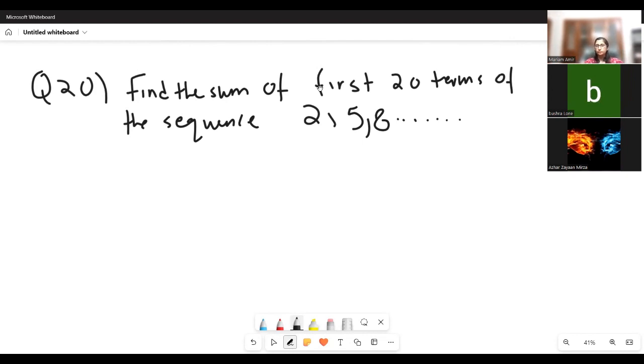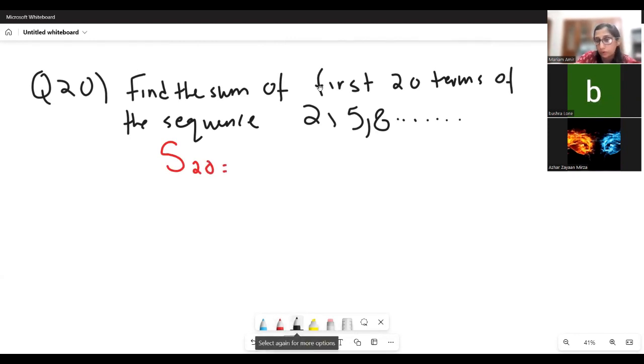What do we do here? Which formula will we use? Sum formula or Un, the nth term formula? We have to find the sum of the first 20 terms, so we use the sum formula, S20. Find that.